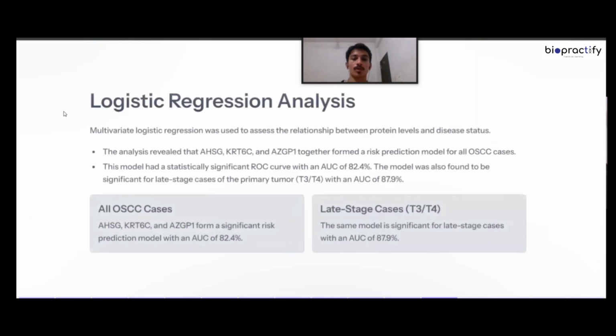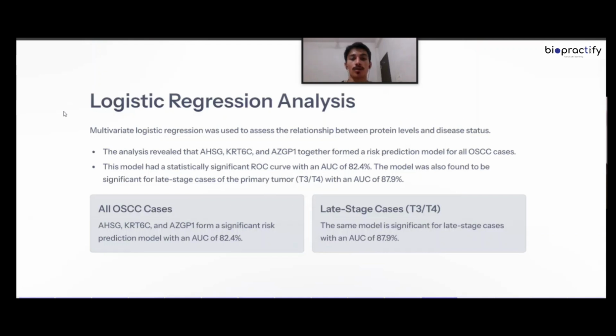So coming to the next part, that is logistic regression analysis. The analysis revealed that AHSG, KRT6C, and AZGP1 together formed a risk prediction model for all the OSCC cases.